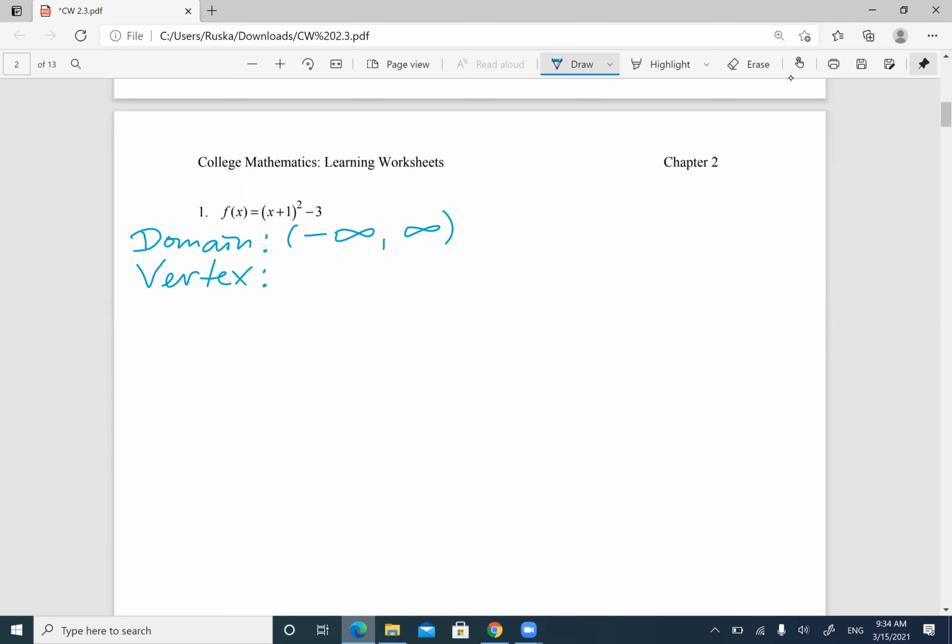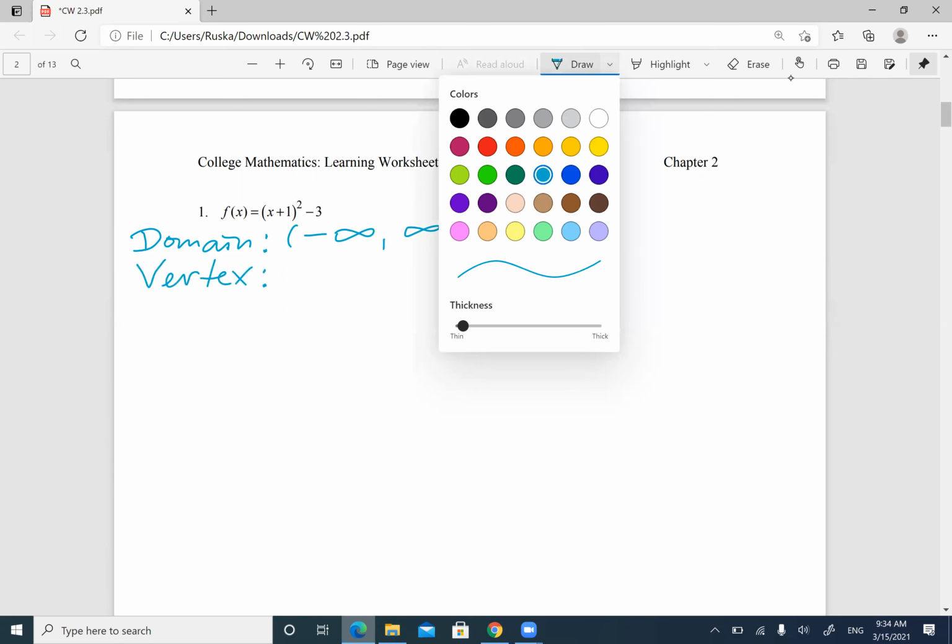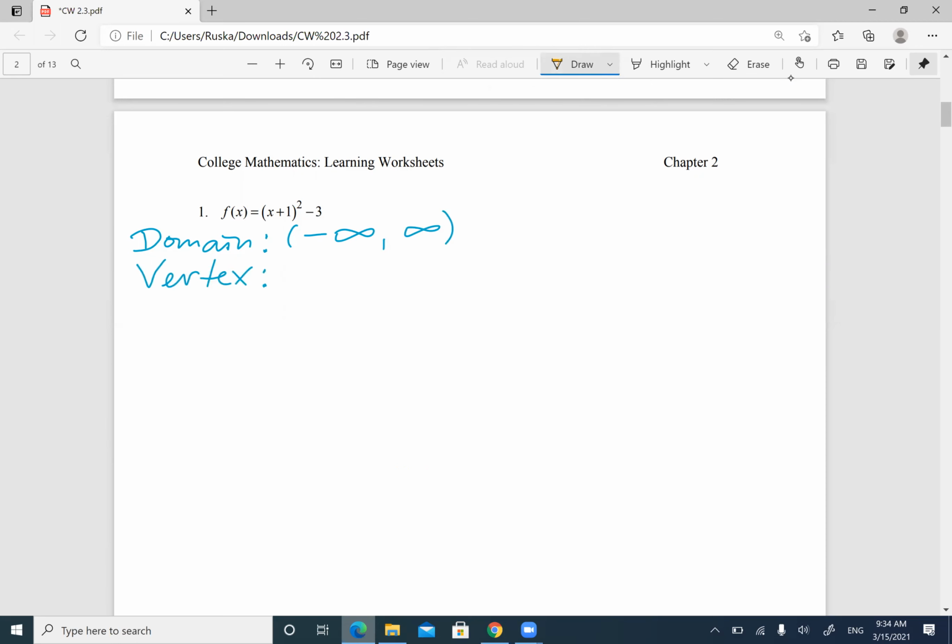So finding the vertex, I have to look at the points, because which form do you have? Vertex form or standard form? This is vertex form, right? So if you have vertex form, you're going to look at the number next to x and the number in the end. That's how you find it.